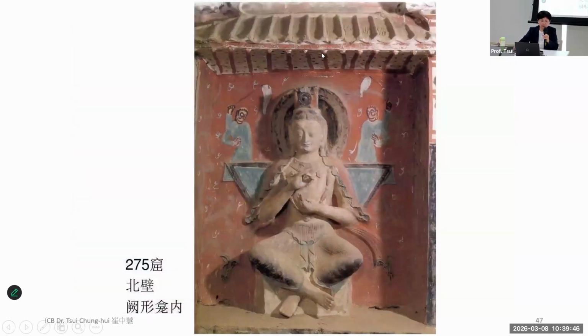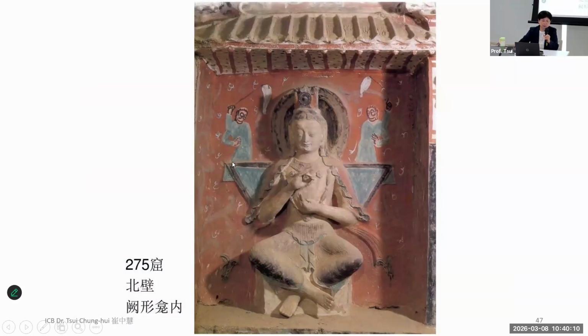And also we have the pavilion design, Tsui gateway, indicating the symbol of the Tusita heaven, and the Bodhisattva performs the Dharma teaching hand gesture, and is seated in cross ankle posture. He is seated in front of a triangle seat.